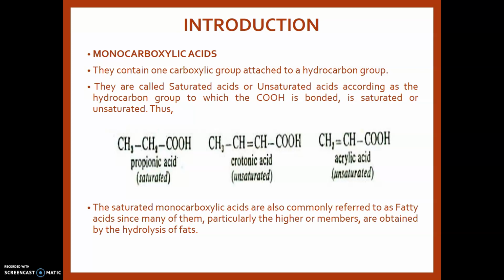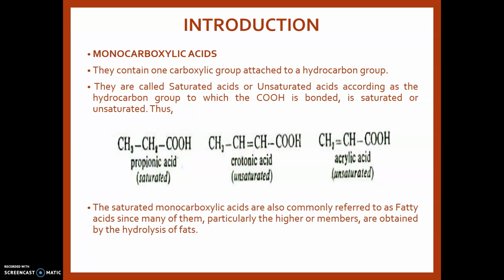They are called saturated or unsaturated acids according to whether the hydrocarbon group to which the COOH group is bonded is saturated or unsaturated. So according to what type of hydrocarbon group it is attached to, they are divided into saturated or unsaturated monocarboxylic acid derivatives respectively.